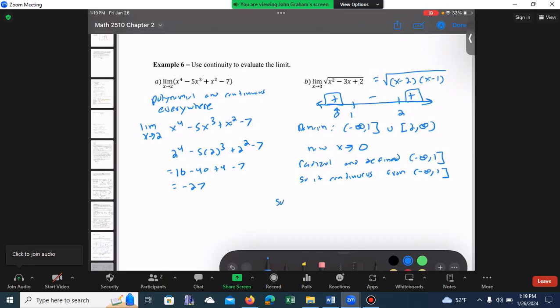So the limit as x goes to 0 of square root of x squared minus 3x plus 2 equals square root of 0 squared minus 3 times 0 plus 2, which is going to be equal to square root of 2.